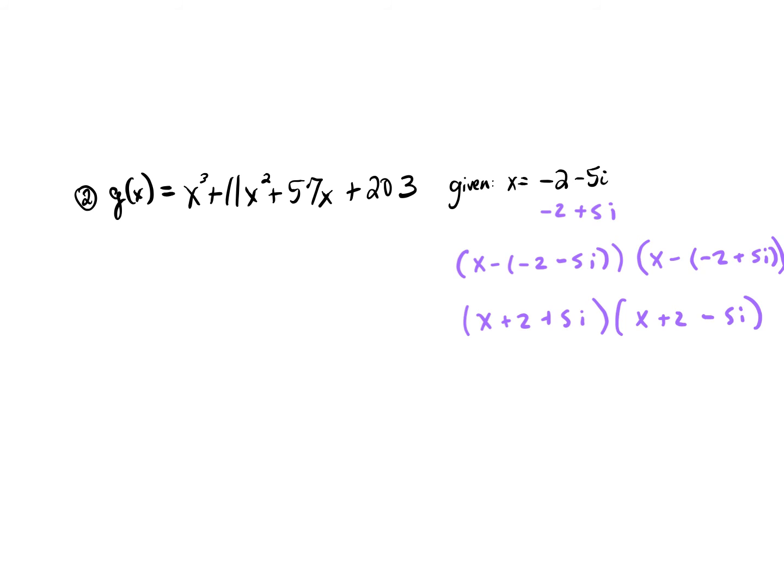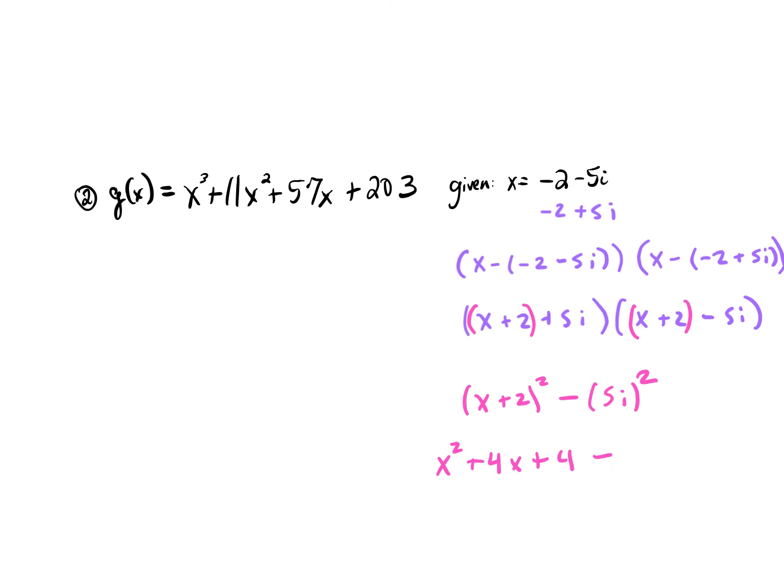Yes? Isn't this kind of what we were doing with 2.5? So here one of our factors is x plus 2. Since these are conjugates, we can do our conjugate shortcut. So that's x plus 2 squared minus 5i squared. I can FOIL out x plus 2 squared as x squared plus 4x plus 4.